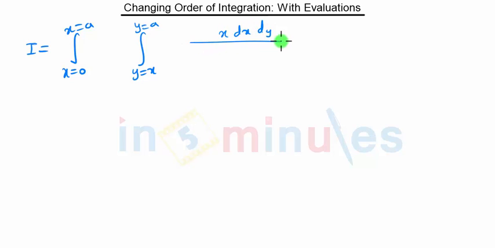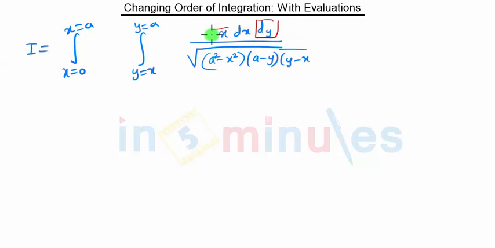So our integral will become the integration of x going from 0 to a, y going from x to a, of x dx dy upon root of a square minus x square, root of a minus y, root of y minus x. So first we are integrating with respect to y.